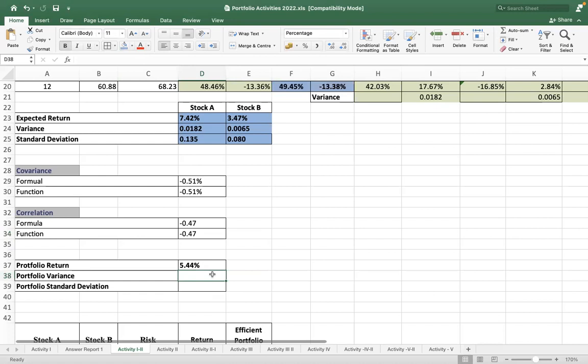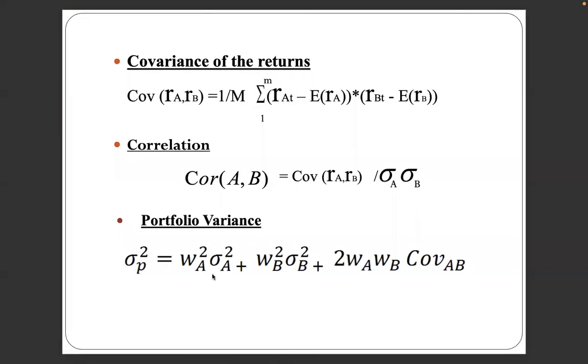Then portfolio variance. We need to calculate the portfolio variance. The variance, not the portfolio standard deviation. Portfolio variance is weight A power 2 times variance of stock A, plus weight B power 2 times variance of B, plus 2 multiplied by weight A multiplied by weight B multiplied by covariance of A and B, right?